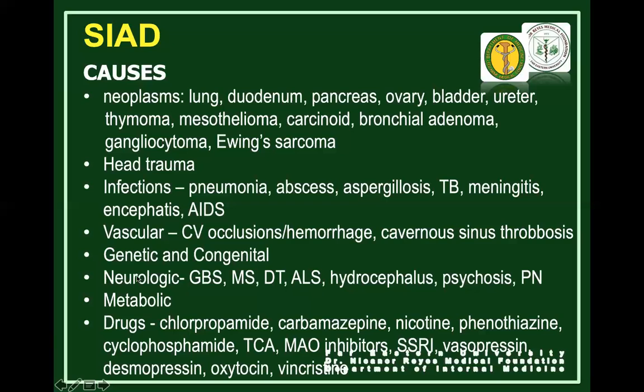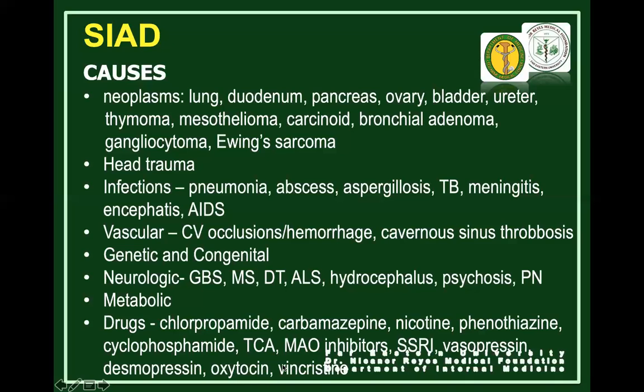It can be metabolic. It can be due to drugs like anti-emetics, chlorpropamide, carbamazepine, nicotine, phenothiazine, cyclophosphamide, anti-neoplastics, tricyclic antidepressants, monoamine oxidase inhibitors, SSRIs, which are antidepressants, vasopressin, desmopressin, oxytocin, and vincristine.